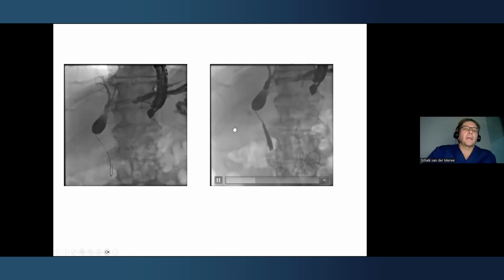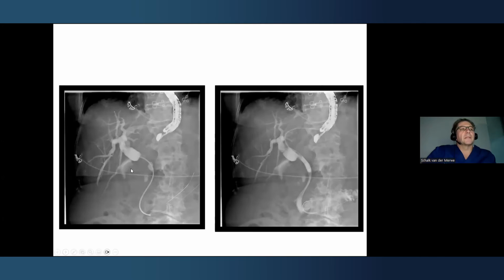This is in the case where ERCP failed. The guide wire is advanced into the small bowel, and now the procedure can be done in an antegrade fashion for placement of a stent. As shown here, the stent is advanced past the stenosis and then is deployed in the small bowel, all through the initial access using endoscopic ultrasound.